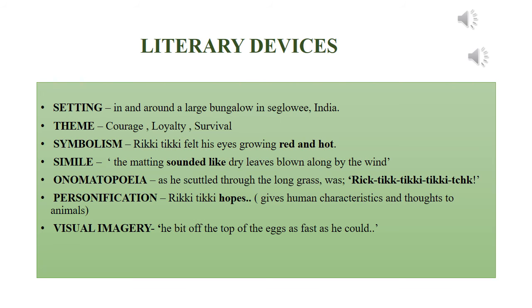Simile: the mating sounded like dry leaves blown along by the wind. And also for more examples, the coppersmith is a bird who makes a noise exactly like the beating of a little hammer on a copper pot. Onomatopoeia: as he scuttled through the long grass, it was rik-tik-tik.